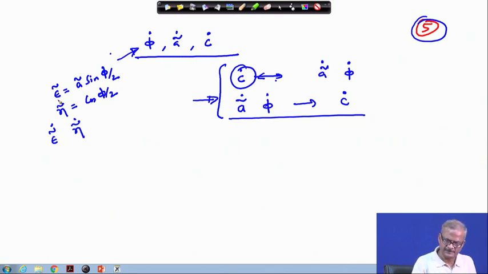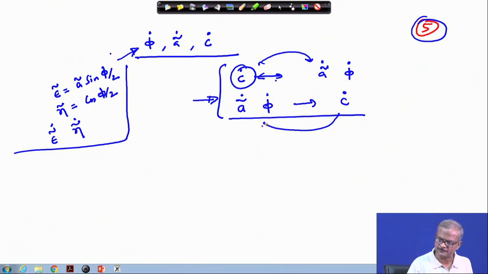Once we differentiate these quantities, you can see that a dot will come and phi dot will come. And a dot is described in terms of C dot, and vice versa, whatever we want to do. So, we need to go from this place to this place, or from this place to this place. The same thing can also be done in terms of the quaternions. So, let us proceed further.